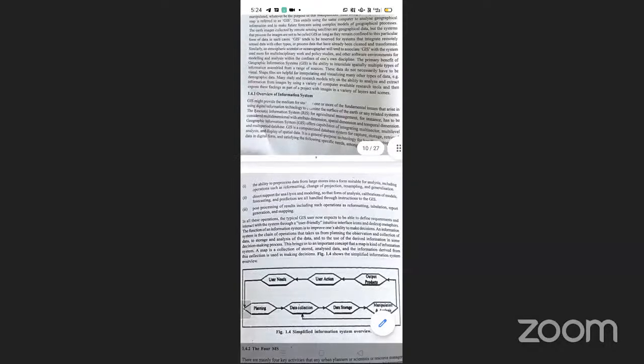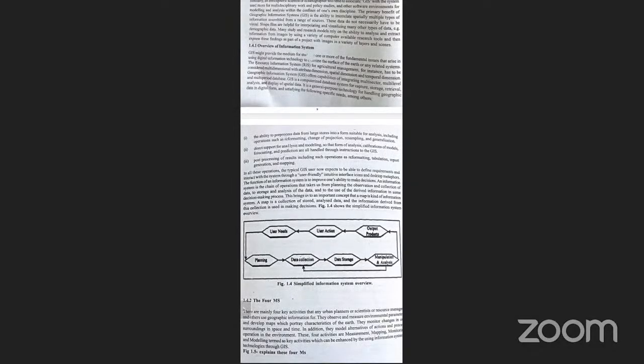Next, coming to the overview of the information system. GIS provides information about objects. It's one of the more fundamental issues which arises using digital information technology.